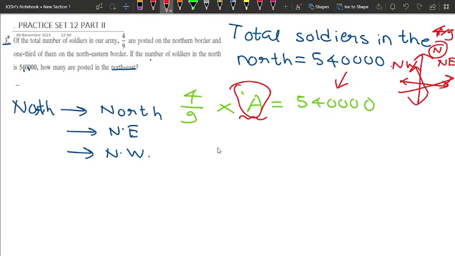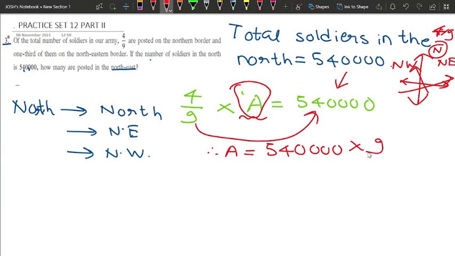So on shifting terms we get A equal to 5,40,000. When 4 will go to the right hand side, it will convert into division because it is in multiplication, and 9 will convert into multiplication, since it is in division. So you can divide 5,40,000 by 9.